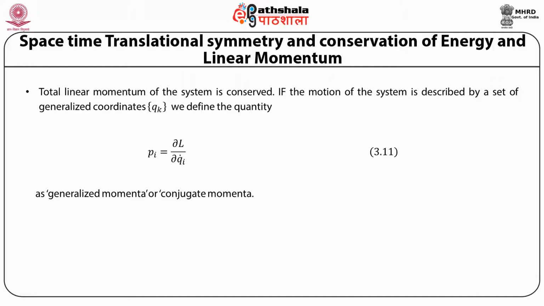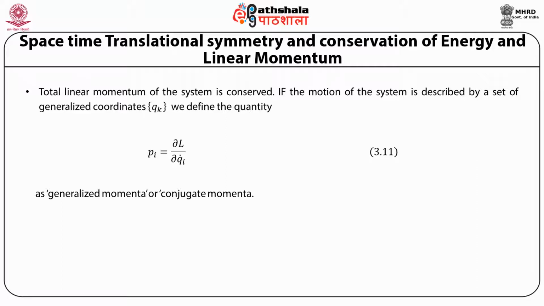Now, if the motion of the system is described by a set of generalized coordinates given by the set qk, we can define a quantity pi as the partial derivative of L with respect to qi dot as generalized momenta, also called the momentum conjugate to the generalized coordinate qi.